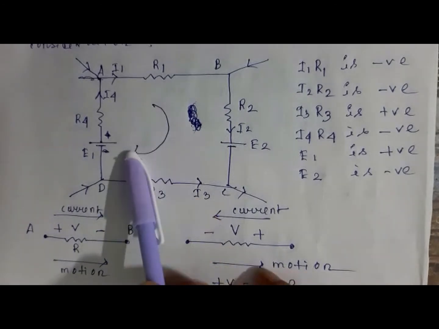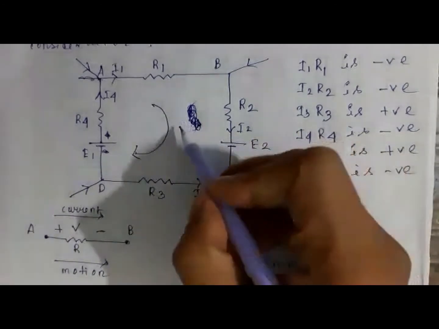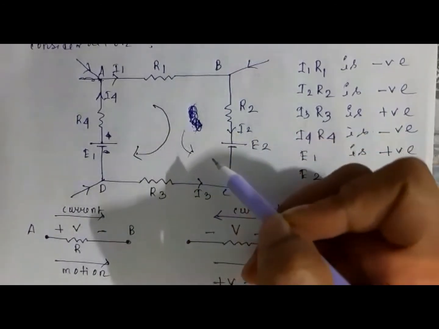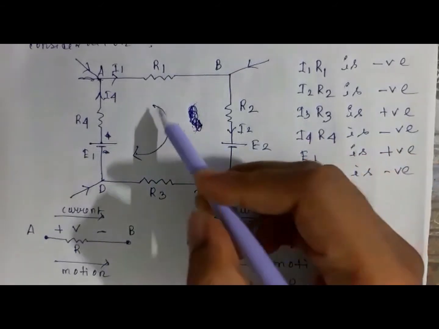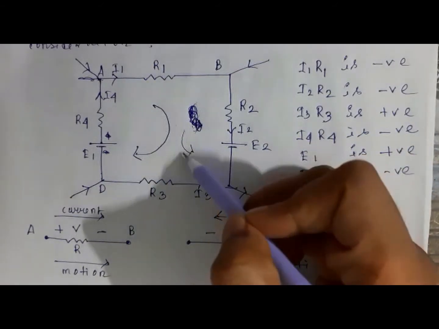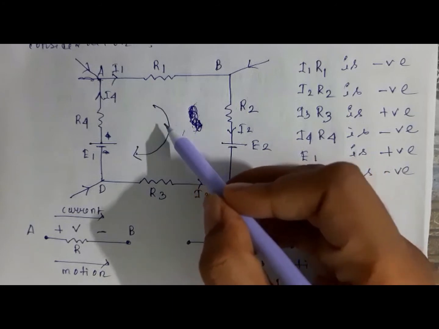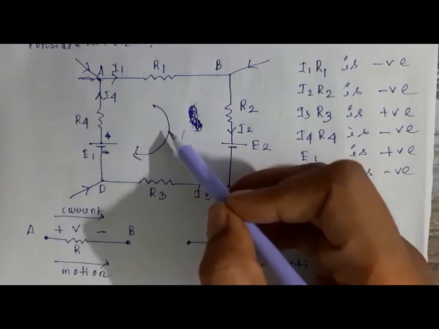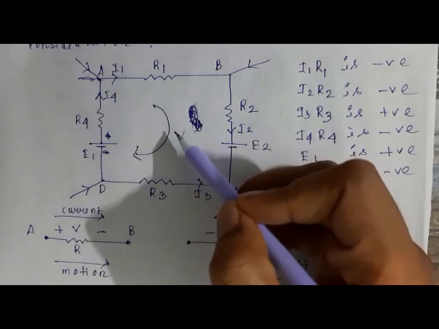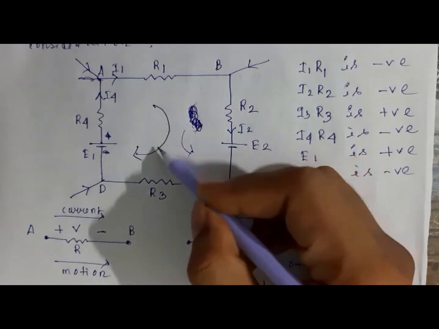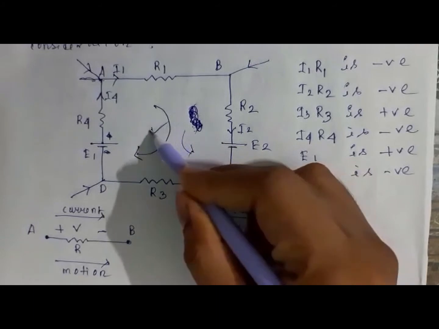It can be in this direction or in this direction. This is my clockwise direction, this is my anti-clockwise direction. Whatever direction you choose, you have to take that direction throughout your numerical. Okay, now I am taking this direction.